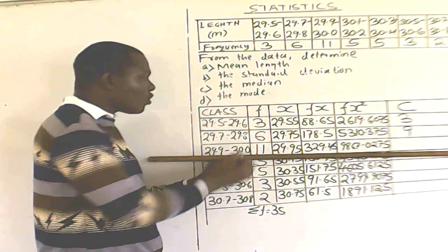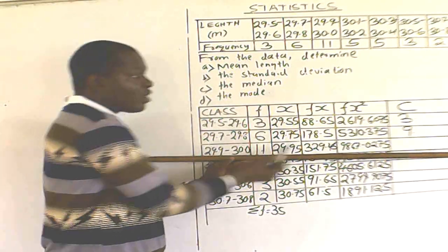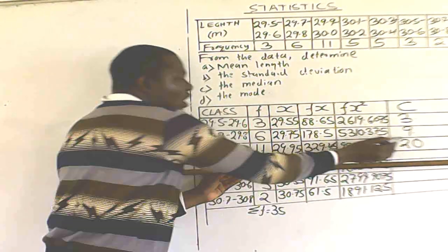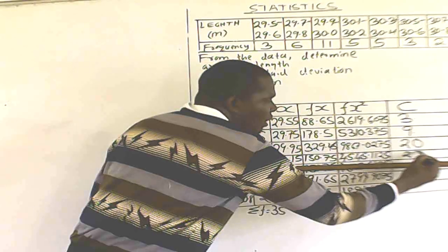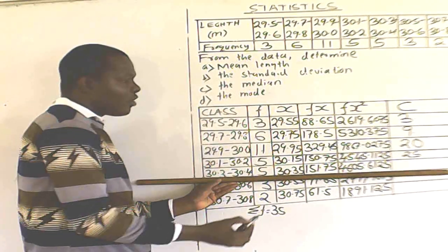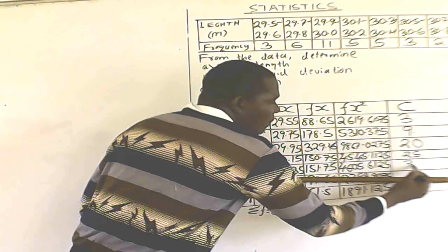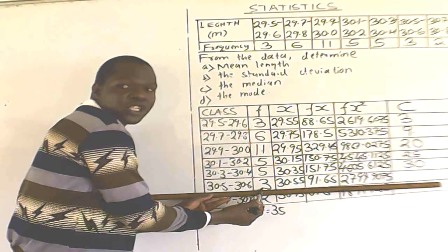Then you've counted 9 and you are counting 11 more, so at the end of this row, you have counted 20. Then you counted 20 and you are counting 5 more, and then you have counted 25. Then you counted 25 and you are counting 5 more. You have counted 30.